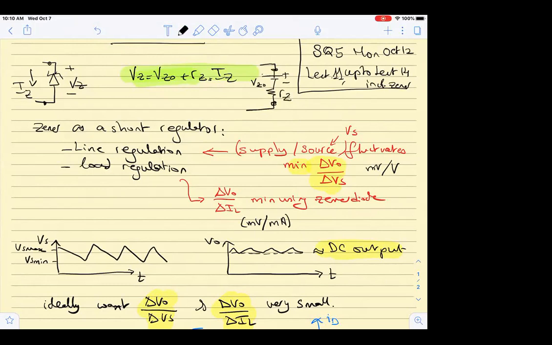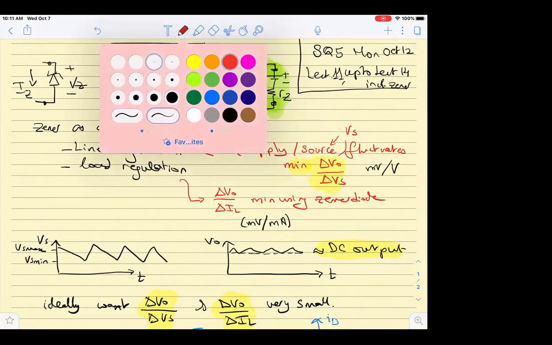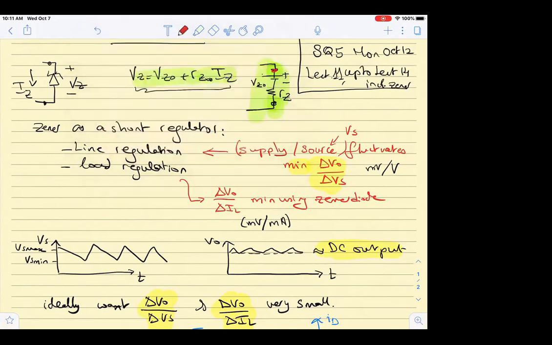So let us look at this equation here, and is it satisfied with this circuit? Does this tell me that the voltage between those two nodes, VZ, is equal to VZ0 plus RZ times IZ?